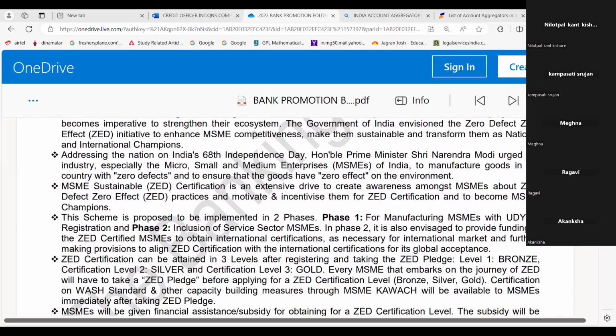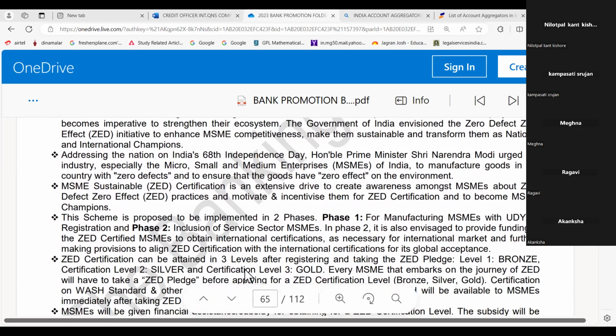Addressing the nation on India's 68th Independence Day, Honorable Prime Minister Shri Narendra Modi urged the industry, especially the micro, small, and medium enterprises of India, to manufacture goods in the country with zero defects and to ensure that goods have zero effect on the environment. MSME Sustainable Z certification is an extensive drive to create awareness amongst MSMEs about zero defect, zero effect practices and motivate and incentivize them for Z certification and to become MSME champions.